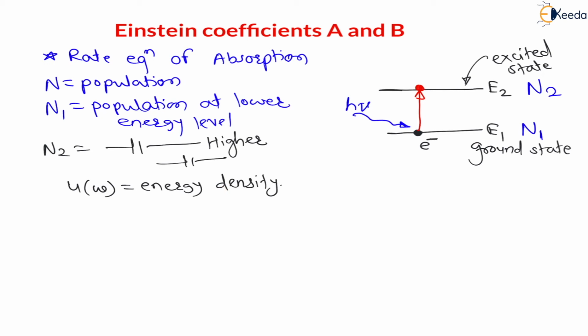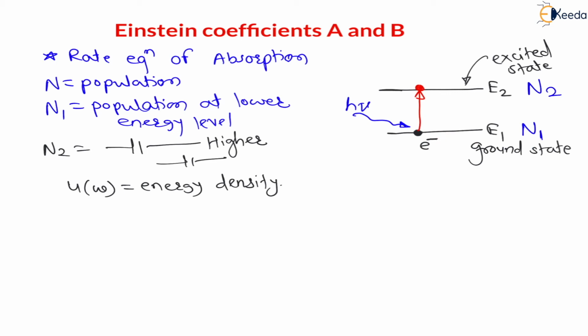Now let us understand the rate equation of absorption. Which electron is traveling here? The electron which is at the ground state, that is, the population at the ground state is going to decrease, because the electron at the ground state is traveling towards the higher state or excited state.